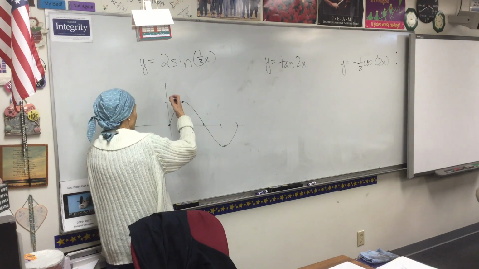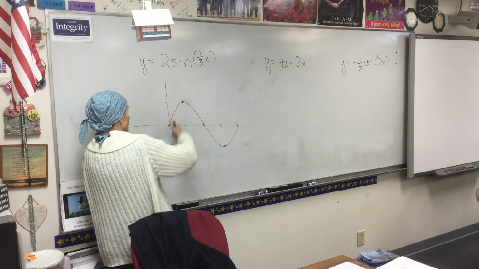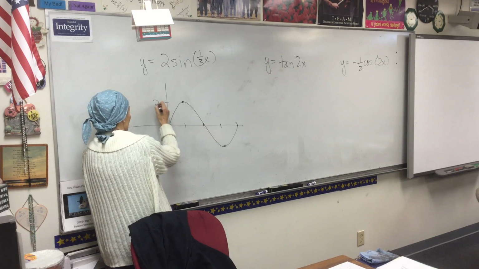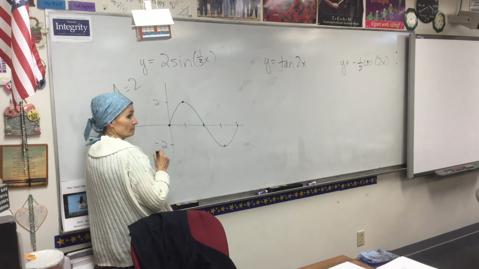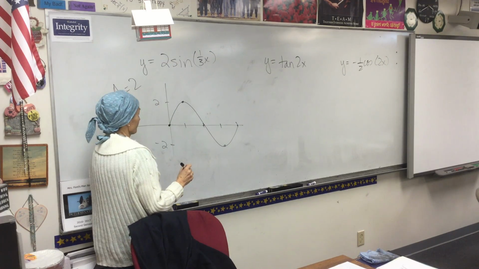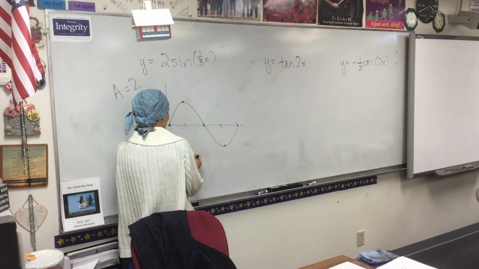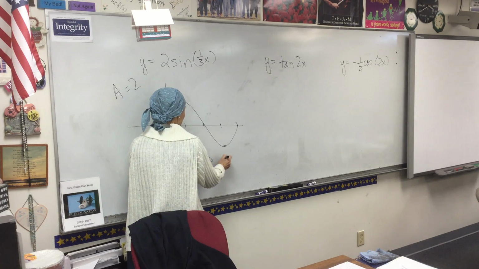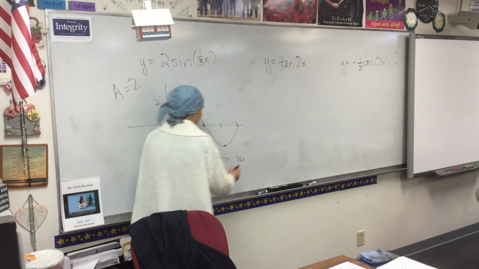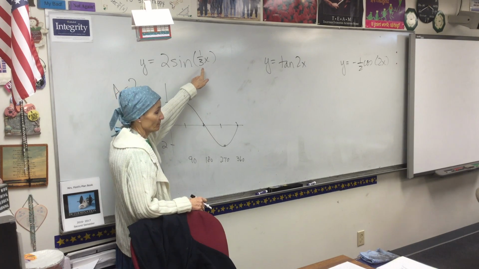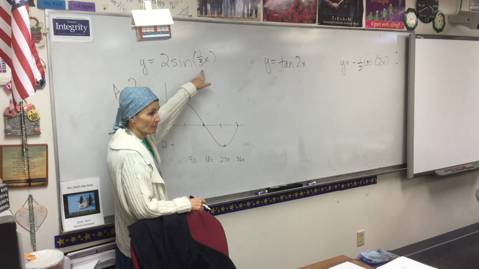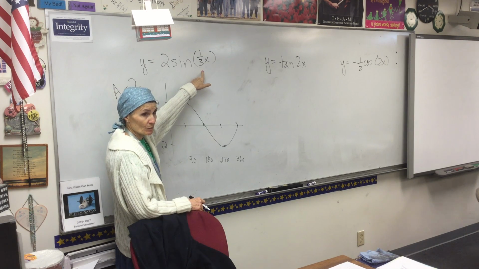Now, let's talk about labels. What are these labels going to be? 2 and negative 2. So my amplitude is 2. Now these labels are always supposed to be these, 90, 180, 270, 360. But look what we have. A number. So what does that number do?